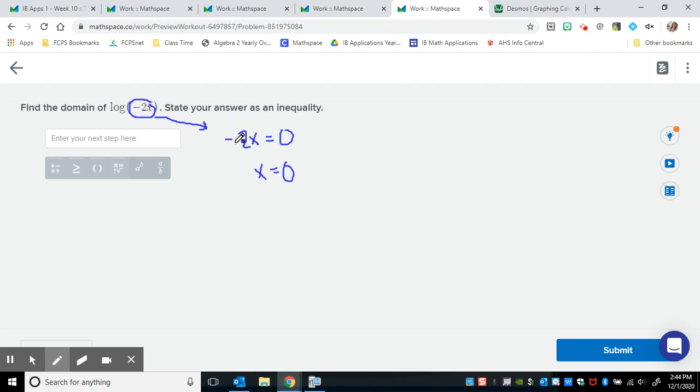And then paying attention to that negative sign, knowing that normal log functions look like this, or my parent function looks like this, but that negative sign will reflect it over the y-axis, meaning it would look like this instead, or something like that. But either way, I can say that my domain is x is less than 0. Remember, you're never including the number here because of the asymptote.